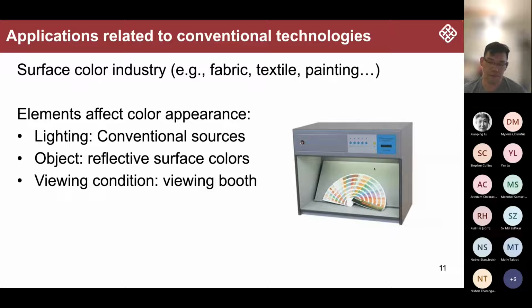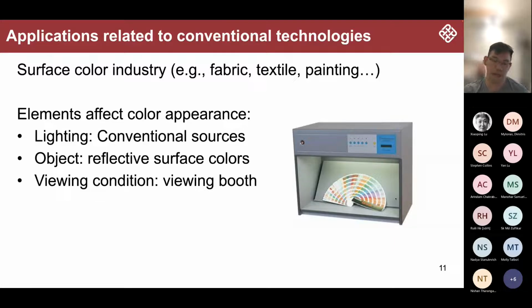For the objects, as I said, we mainly focus on reflective surface colors, which means they don't emit light, they only reflect it. And when we specify the colors, we always have a standard viewing condition, which is the viewing booth, with a light level of about 500 lux to 1,000 lux and a neutral background. Everything has been standard.